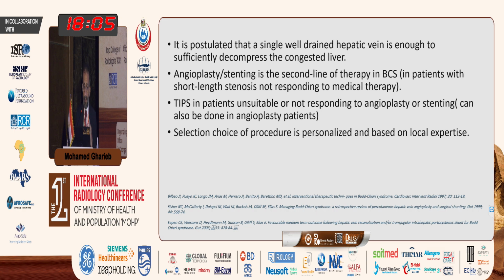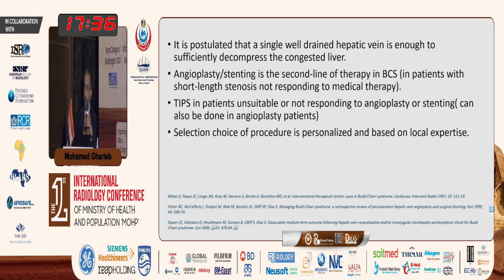It's postulated that a single well-drained hepatic vein, one of the three hepatic veins, sufficiently decompresses the congested liver and is enough for hepatic decompression in patients with Budd Chiari syndrome. So we start first with angioplasty and stenting in patients who have short segment stenosis not responding to medical treatment.